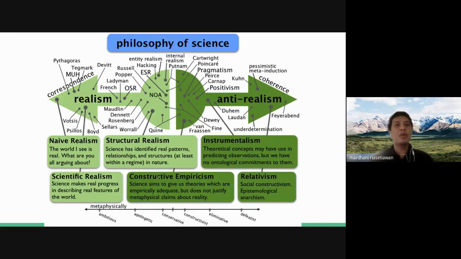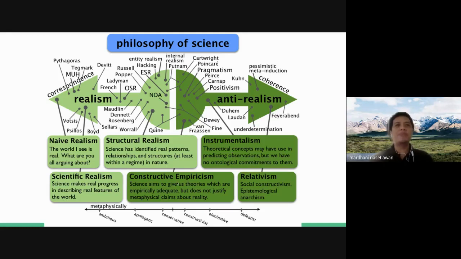And on the other side we have instrumentalism. Theoretical concepts may be used in predicting observations, but we have no ontological commitment to them. So this is like the anti-realism side. Maybe it's correct, but it is still predictive, and because it is predictive, it can be wrong or right depending on the variables.